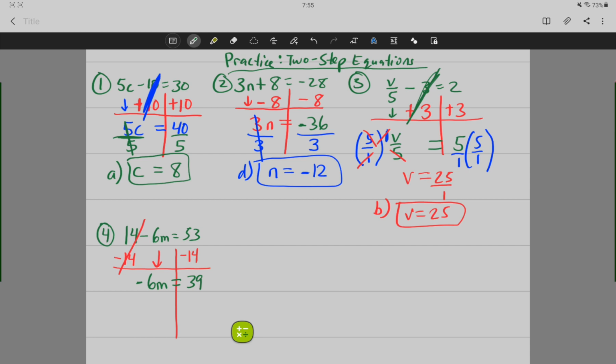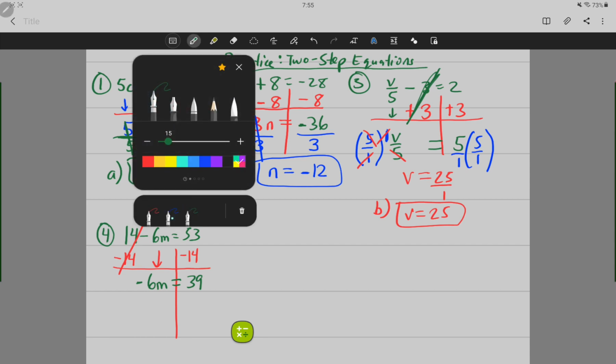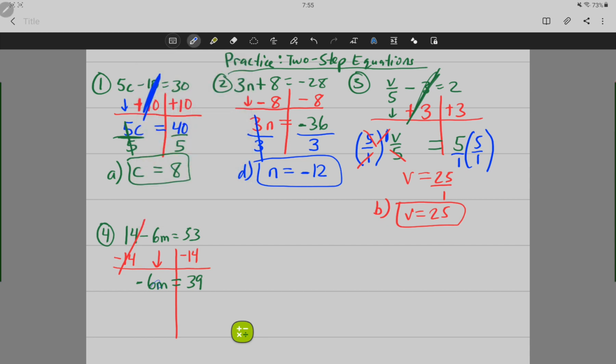So since we're looking at multiplication, we get rid of that by doing its inverse operation of division. And the coefficient, again, that number in front of the m is negative 6. So I see some people make this mistake. They just put 6. They forget that sign. Please make sure you have the sign so you don't make that mistake. So negative 6. And whatever you do on one side, do the same to the other side.